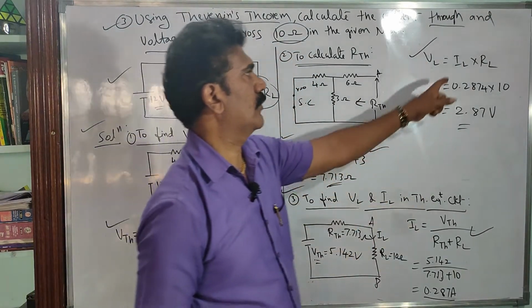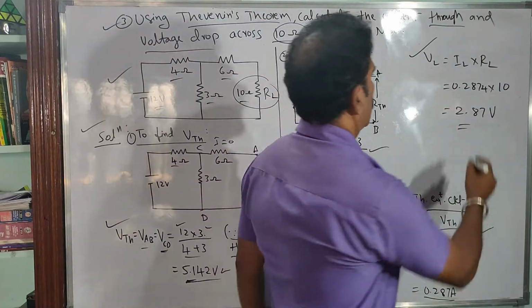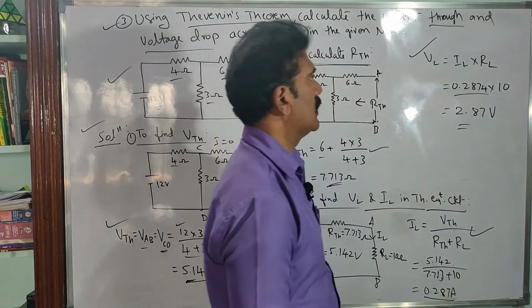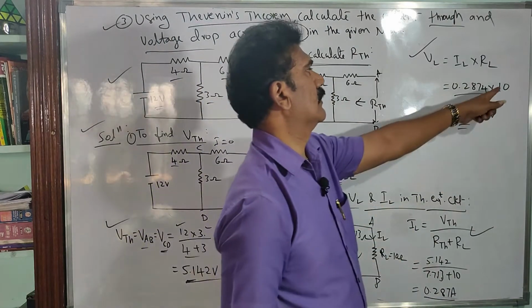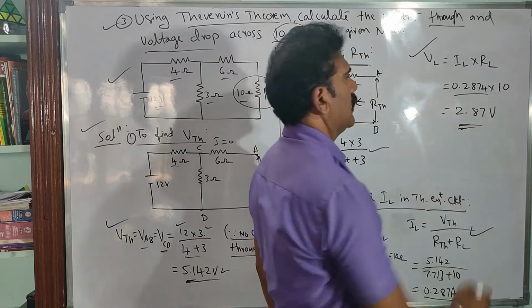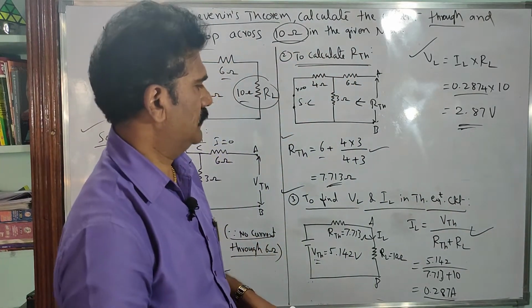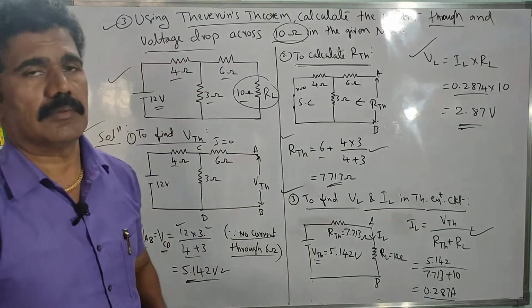It is given by the product of IL into RL, that's it. So Ohm's law. Substitute the value of IL calculated just now, 0.287 into 10, since RL is equal to 10. You will get nearly 2.87 volts as the voltage across the load. Okay, so that is what is asked here in the problem.